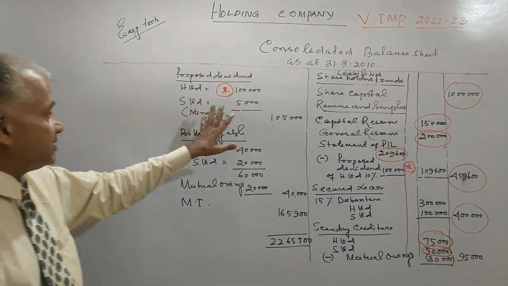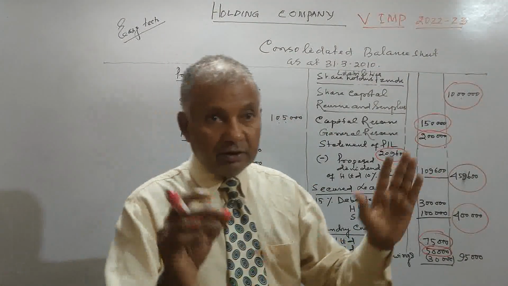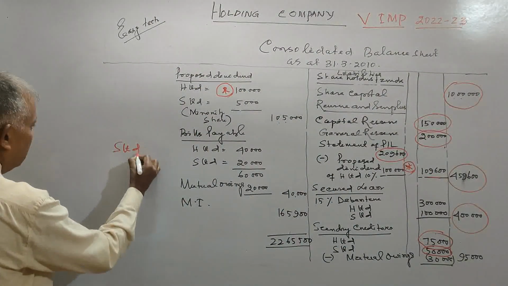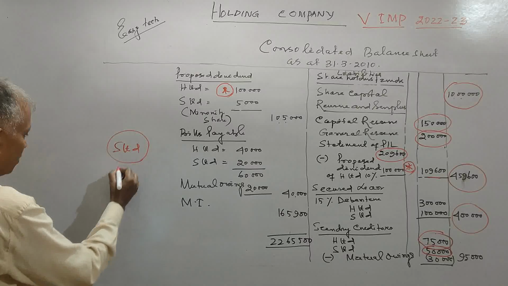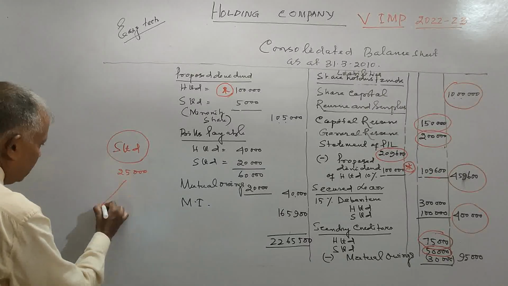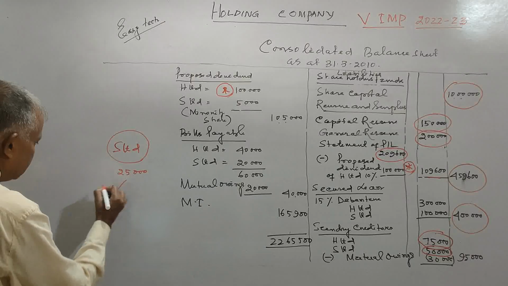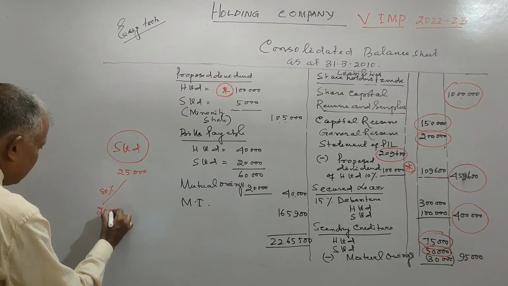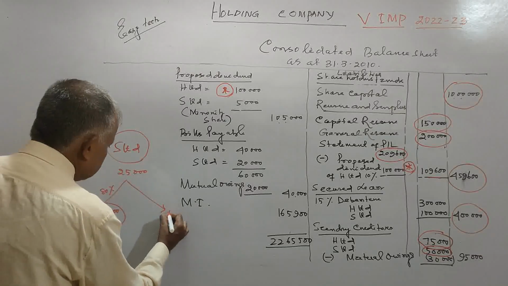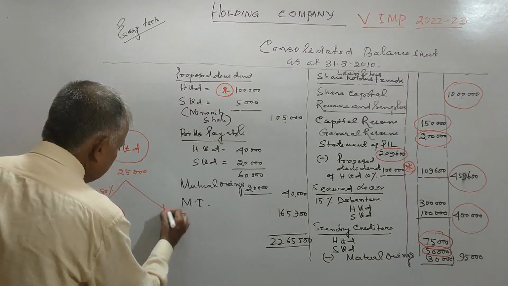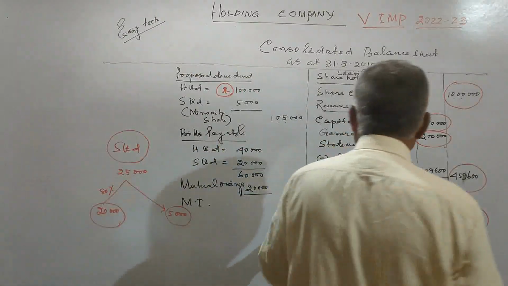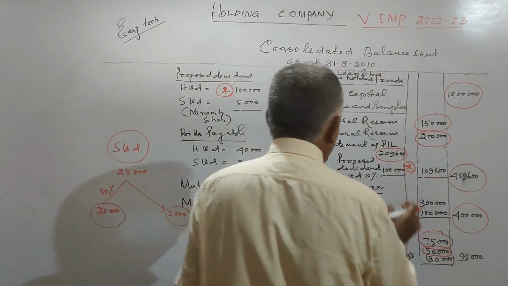Because the rest 20,000, please understand, the proposed dividend of S Limited is 25,000 and 80% is the holding company share, that is 20,000, and 5,000 is the minority share. This holding company share has been taken in statement 4.